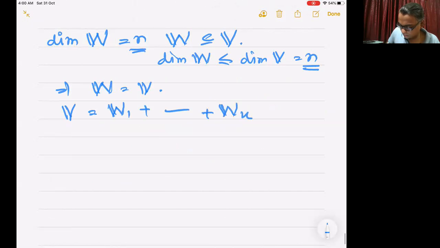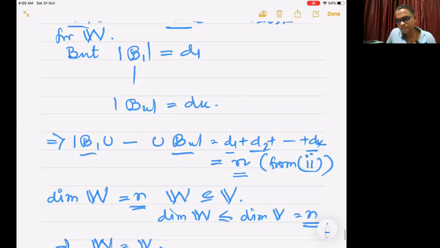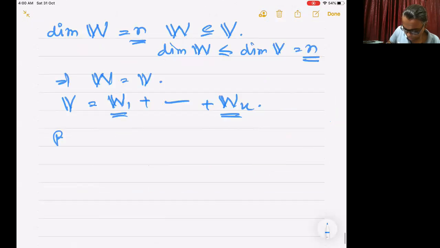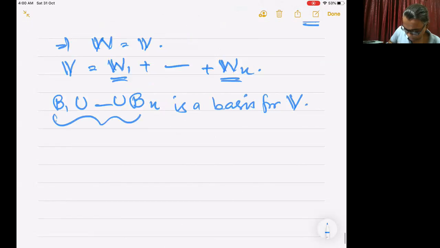But these are what? These are eigenvectors. And so these bases, B1 up to BK, contain only eigenvectors, and this forms a basis. So B1 union BK is a basis for V, but these contain only eigenvectors.